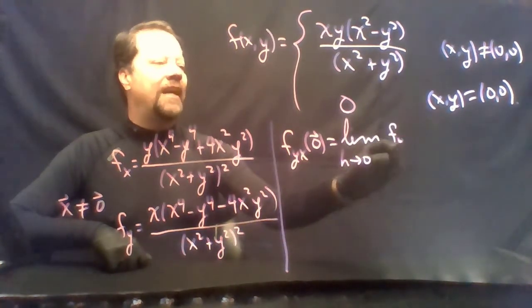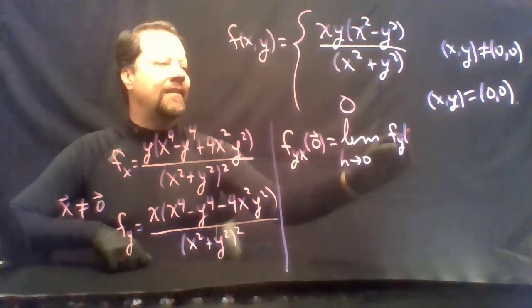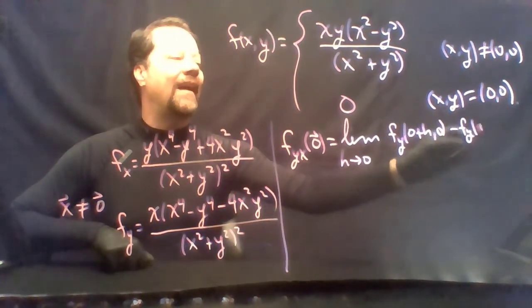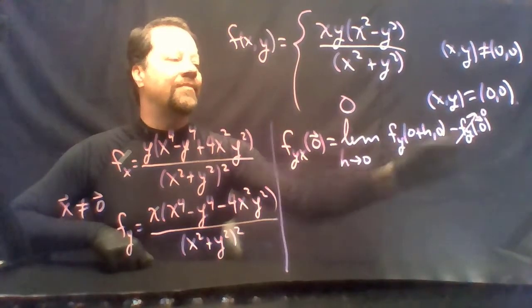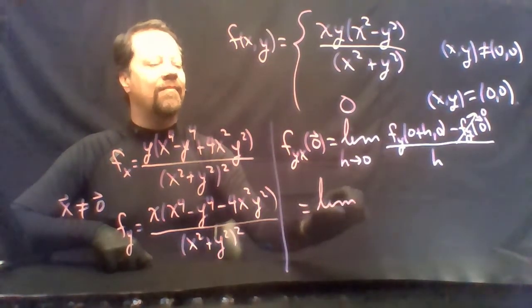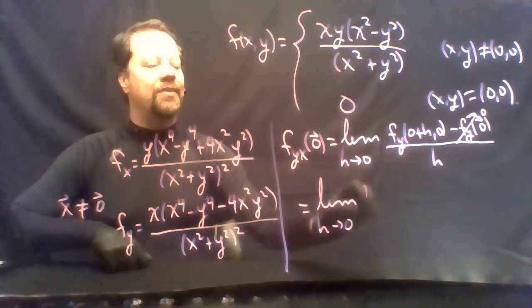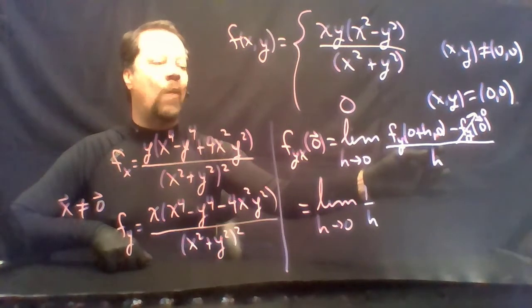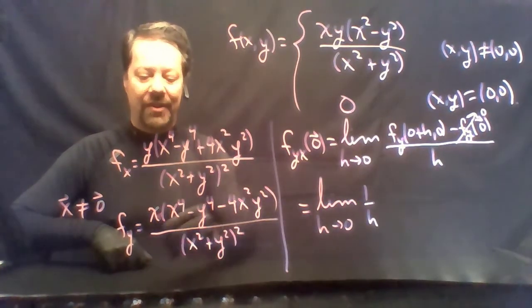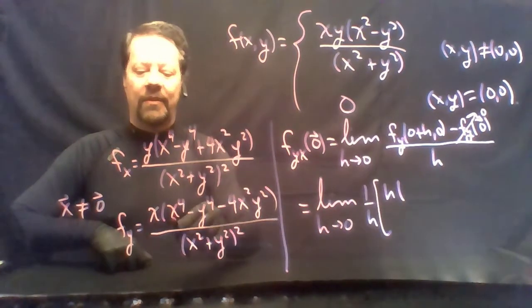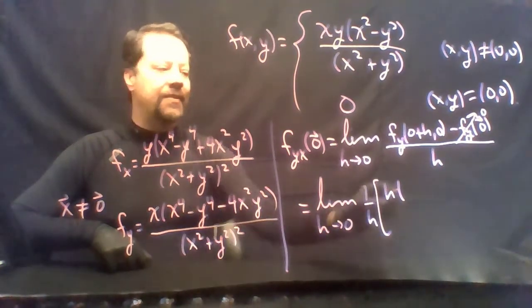This should be fy at (0 plus h, 0) minus fy at the origin, which we know to be 0, all over h. That's the limit as h goes to 0. We still have this 1 over h times fy evaluated when y is 0 and x is h. We'll have h to the fourth minus 0 minus 0.